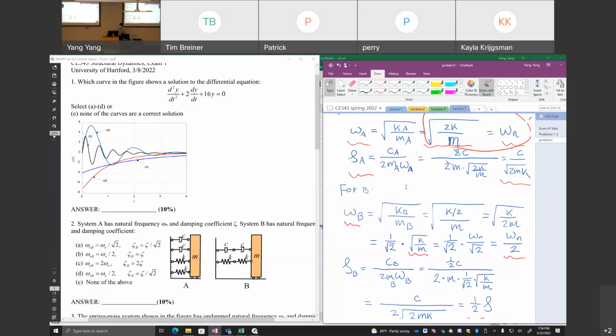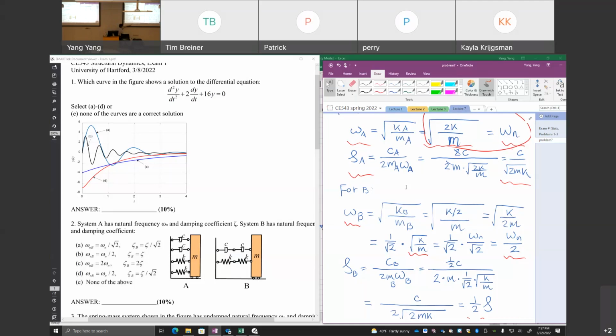So we have to present the natural frequency as well as the damping ratio in terms of the fundamental properties of the system, so that we can do a more detailed comparison. Without that information, how can we compare?